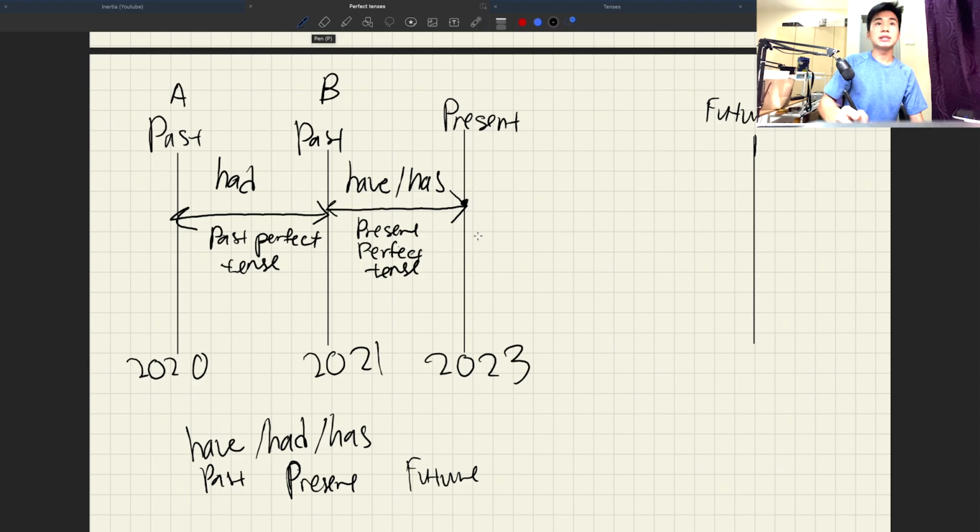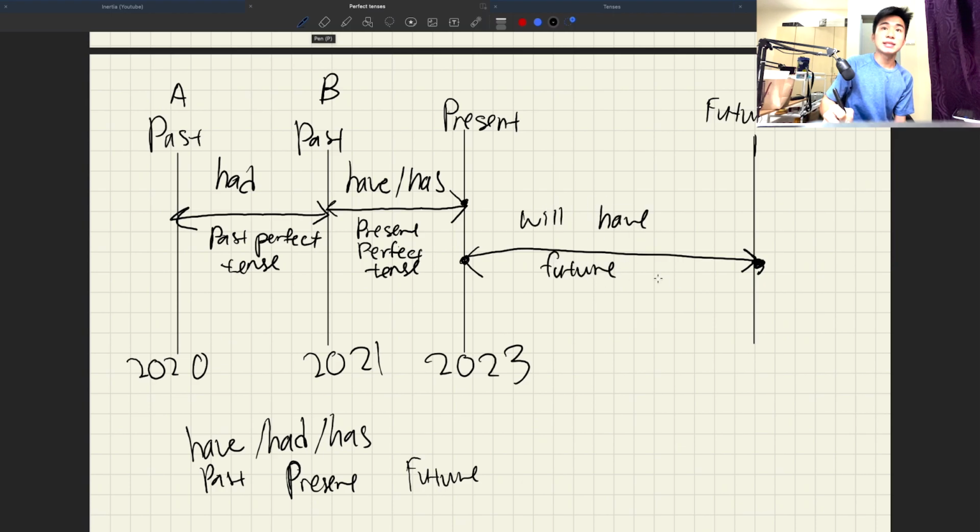So finally, let's talk about the future. Yeah, future. So this we will use will have. Just that simple. Future perfect tense. Okay, future perfect tense, which is 2023, we start an event right now. Any event.